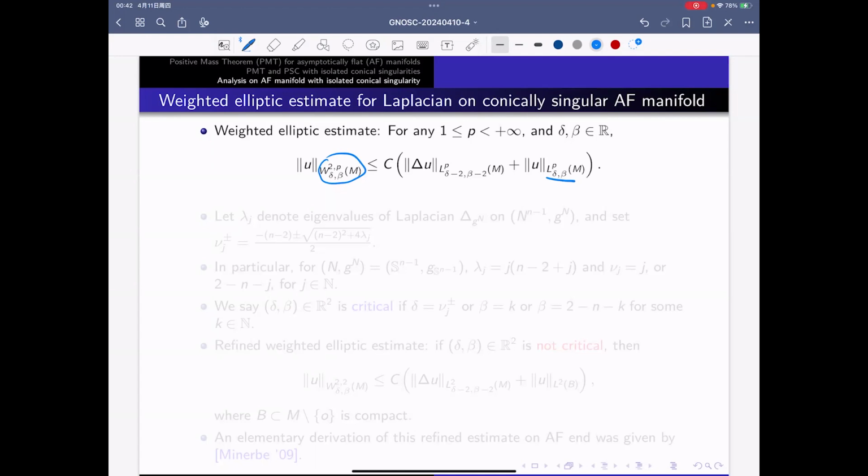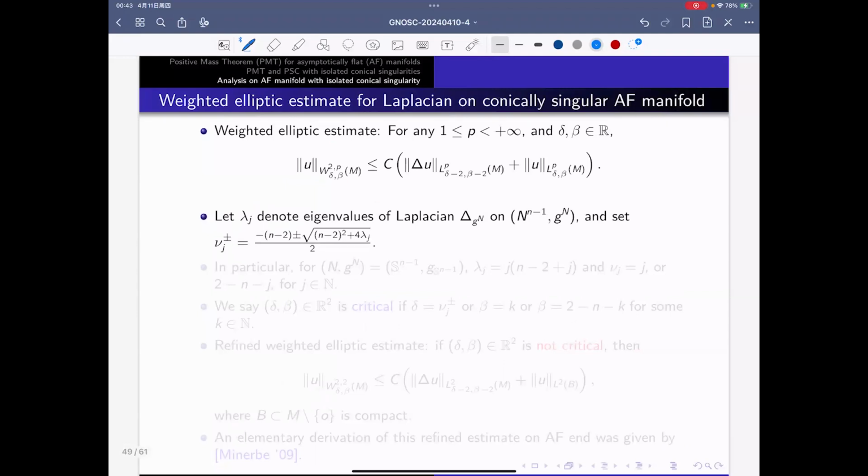In order to get a compact embedding, we need delta and beta to be different from the delta, beta indices in the W^{2,p} space. So for that, we need to get a refined weighted elliptic estimate.